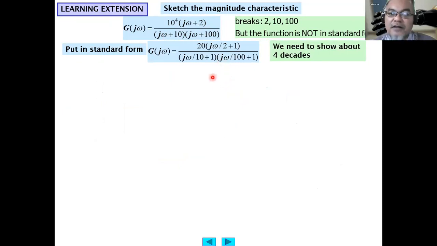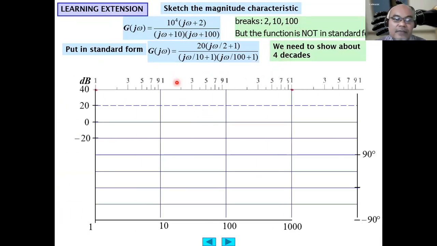We need to show about 4 decades because this one goes until 100. So if we draw the contribution, why does it become 20? Because it is 10,000 divided by 2, then divided by 10, then divided by 100. So it becomes 20 here.